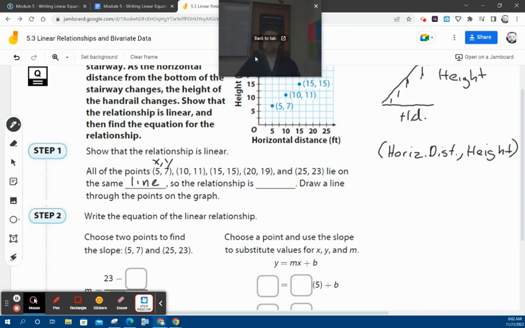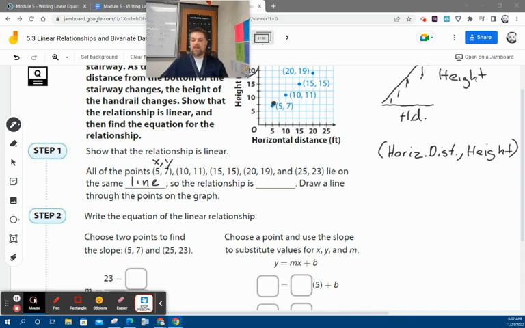So the relationship, in other words, if I were to connect the dots, doesn't that make a straight line? Yeah? Okay. If I just follow the straight line, it probably comes out about right here somewhere. So the relationship is, yep, good, linear. Because it's a straight line, the relationship is linear.